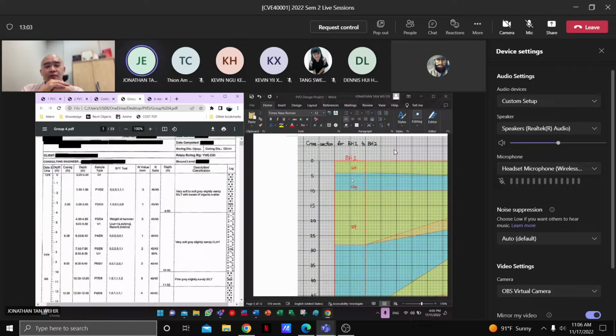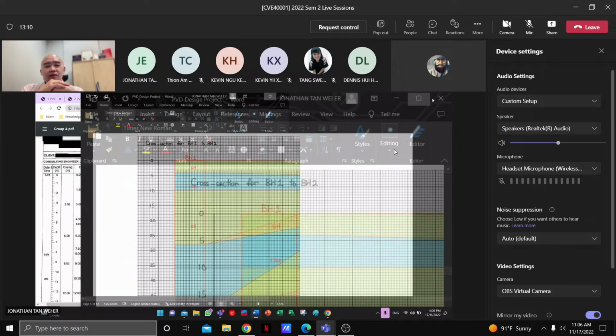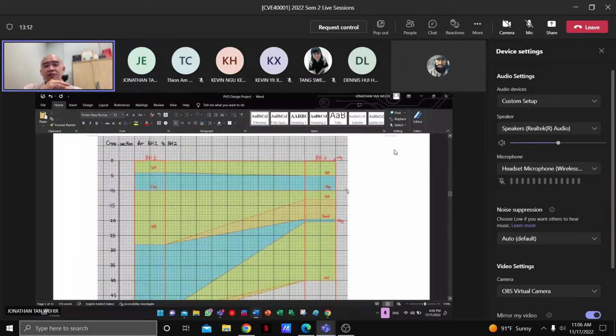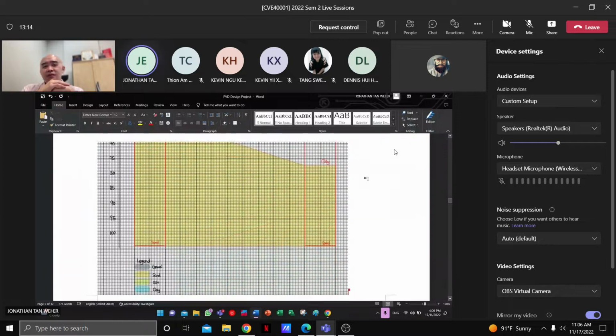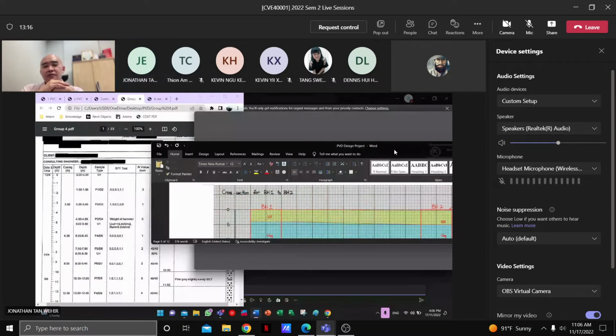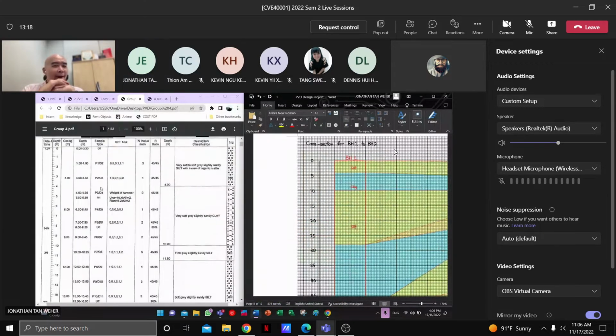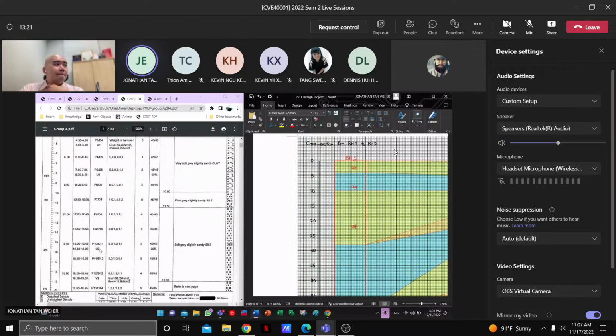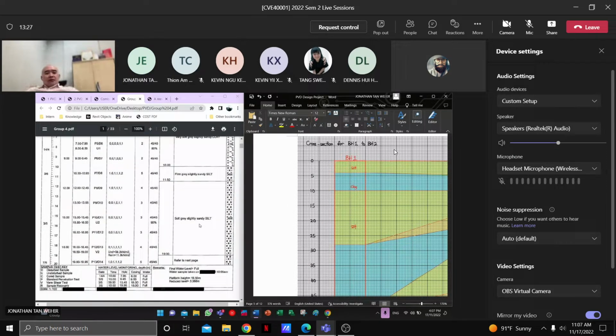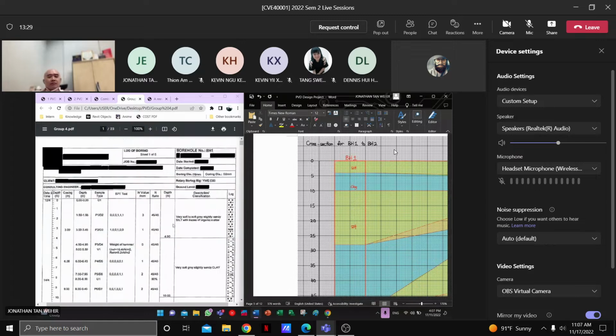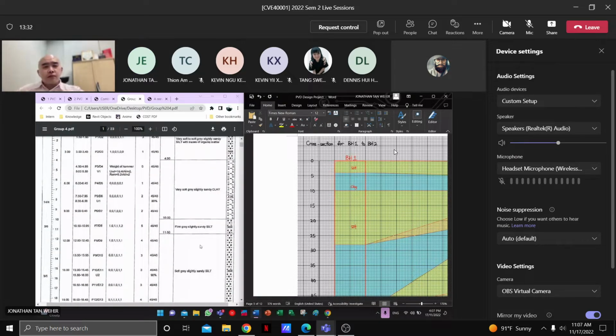Then this layer, the clay layer, this one. And this layer. Yeah, these 2 layers.